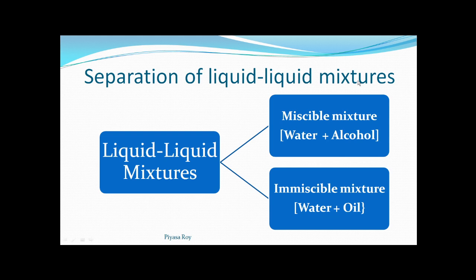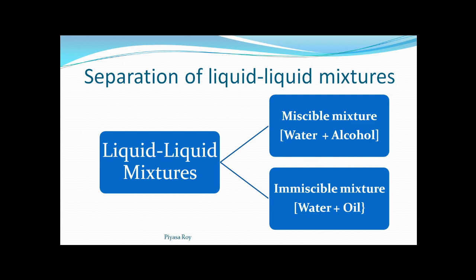So for miscible mixtures, an example you can give is water and alcohol. This will form a miscible mixture, whereas immiscible mixtures are just the opposite, that is water and oil. That means oil and water cannot mix together, they will form two separate layers.